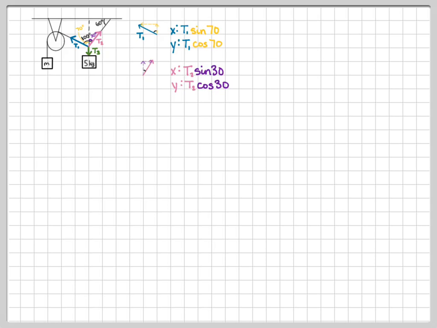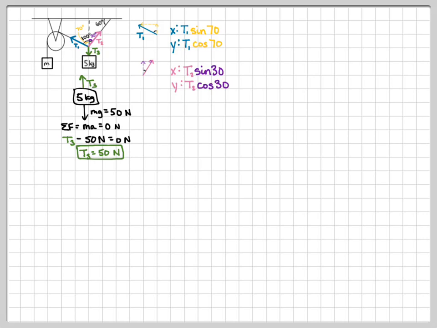So let's go ahead and take care of our T3. We have that 5 kilogram mass with T3 supporting it and its weight pulling down. So it's just like the one before. I'll do the sum of the forces is equal to mass times acceleration. So T3 minus 50 newtons is equal to 0. And I get that T3 is just equal to 50 newtons.